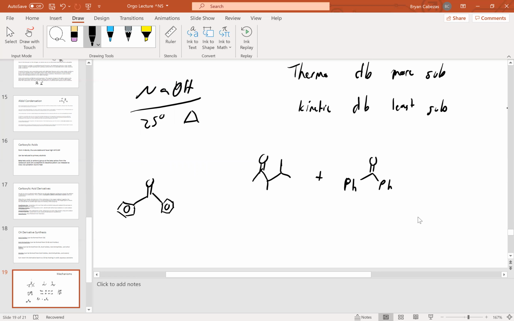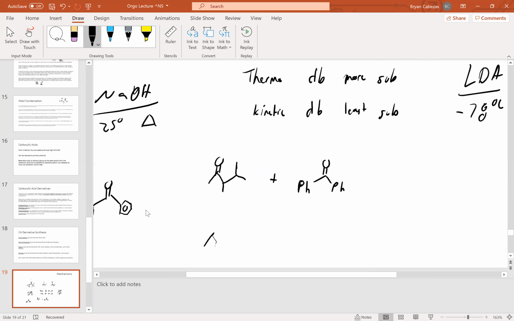And so this system right here is definitely going to be the one that's attacked at the carbonyl carbon. This is the system that has alpha hydrogens, over here and over here. This is going to be the one that acts as the nucleophile, that's going to come in and attack this electrophilic carbon. So let's say we have these reactions.